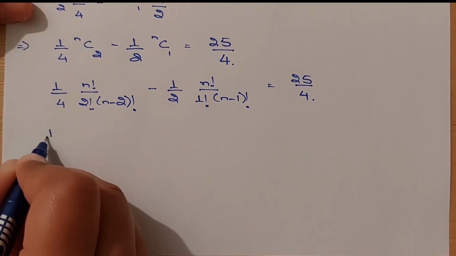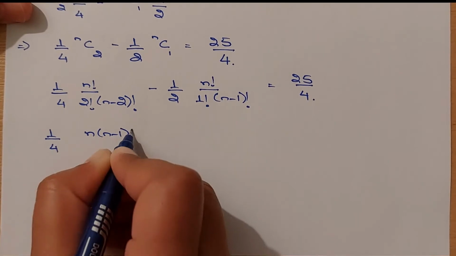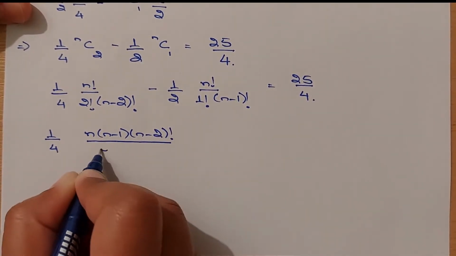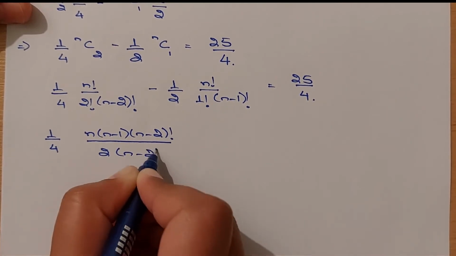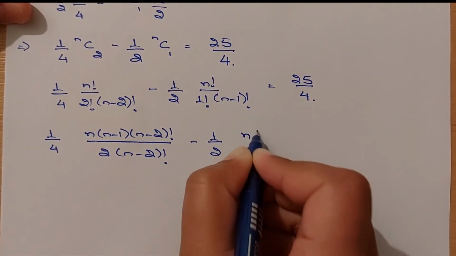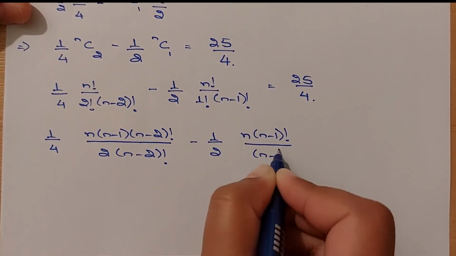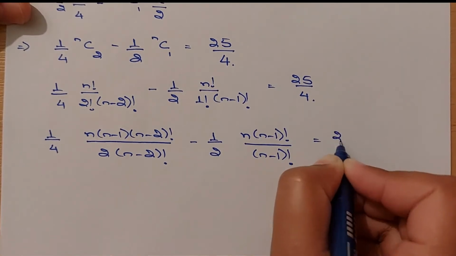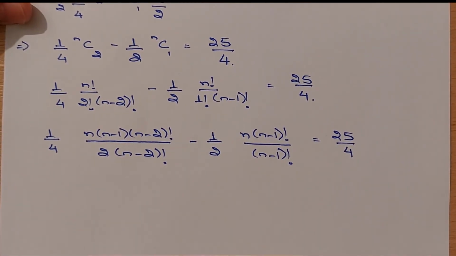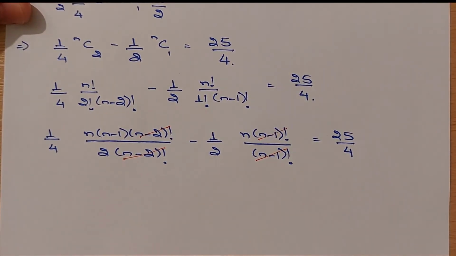Now this is 1 by 4 times n(n minus 1)(n minus 2) factorial divided by 2 (n minus 2) factorial, minus 1 by 2 times n(n minus 1) factorial divided by (n minus 1) factorial, equals 25 by 4. Okay, cancel the like terms, (n minus 2) factorial and (n minus 1) factorial.